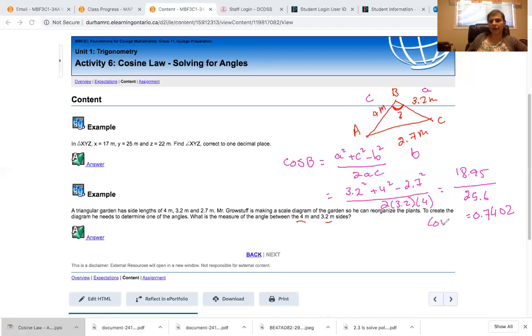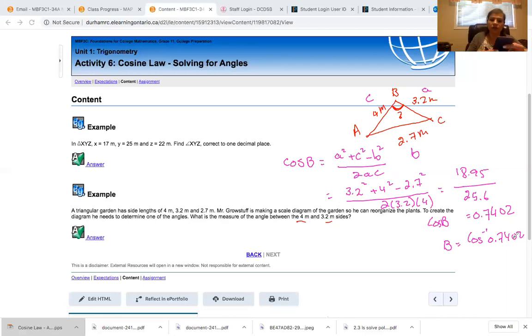And that's cosine B. To find angle B, you're going to have to do cosine inverse. That's what we call it, cosine inverse. And to find cosine inverse, you need to do second or shift, whatever is on the calculator. Mine is shift. Some of yours are going to be second or something like this.